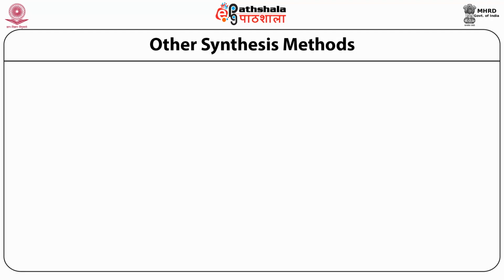What are the other methods to grow single-wall carbon nanotubes and multi-wall carbon nanotubes? There is a method known as pattern growth, in which we first prepare the substrate. This is required for many applications where we want the growth of nanotubes in a specific position, not everywhere.